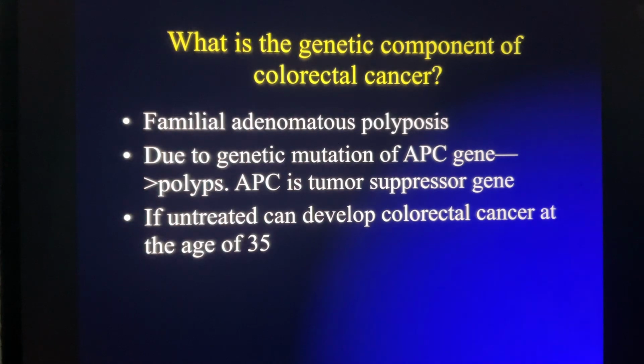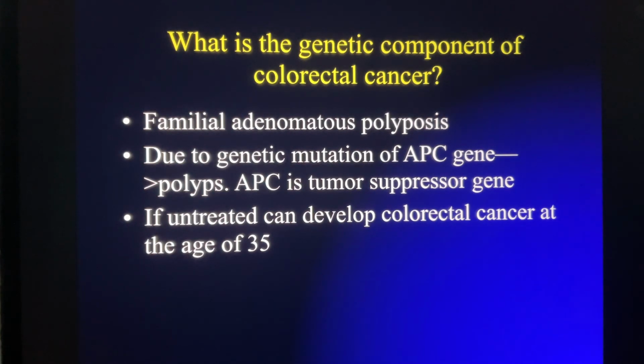Okay, so when you have the FAP disorder, that can result in hundreds to thousands of polyps. And if those polyps are not addressed, the individual runs the risk of having colorectal cancer as early as the age of 35.